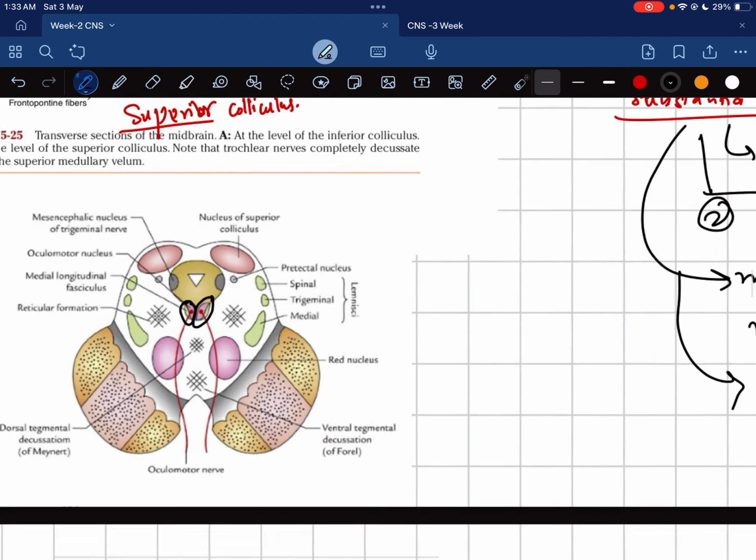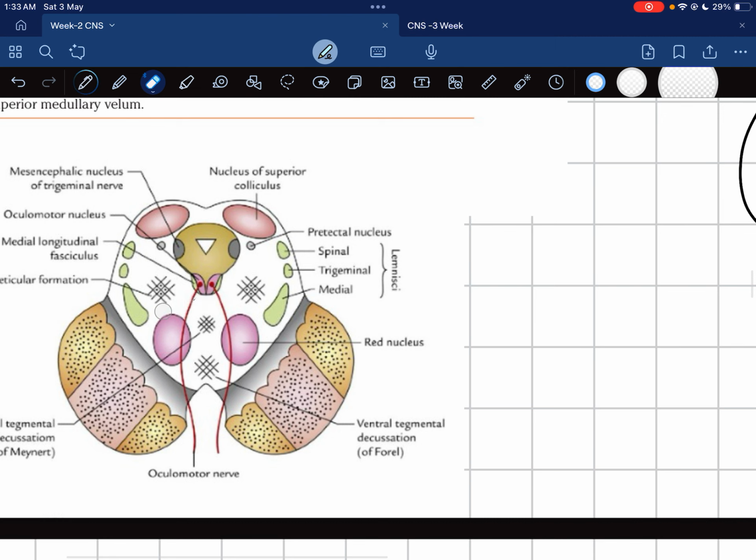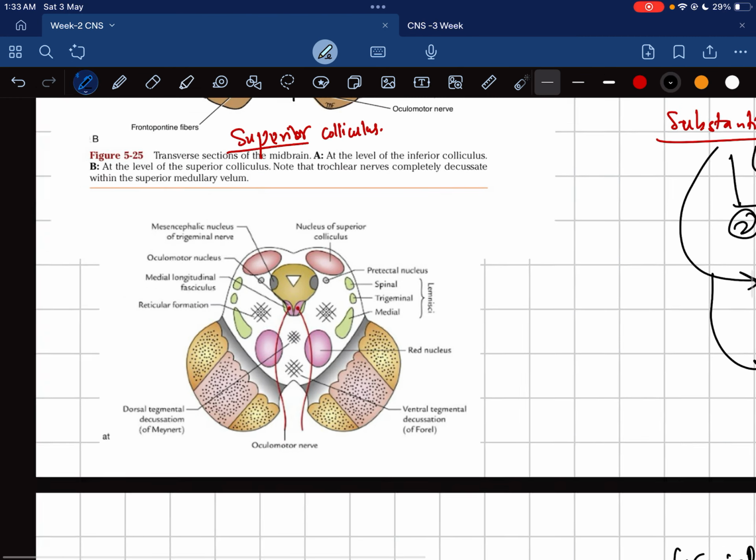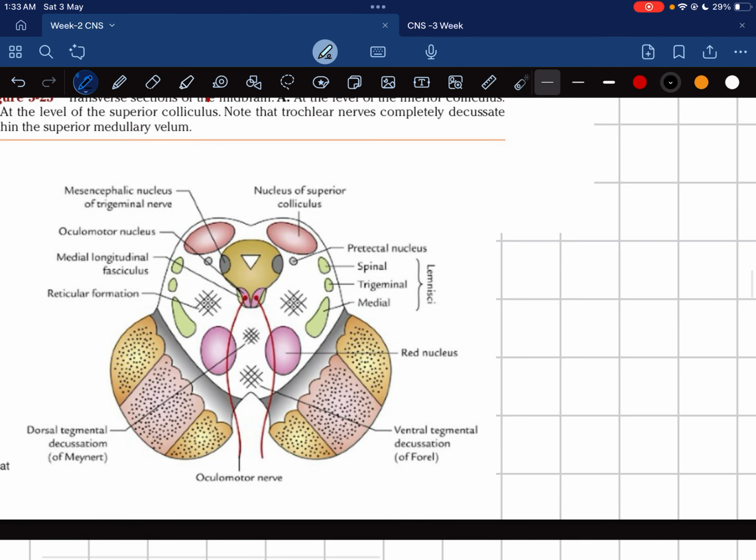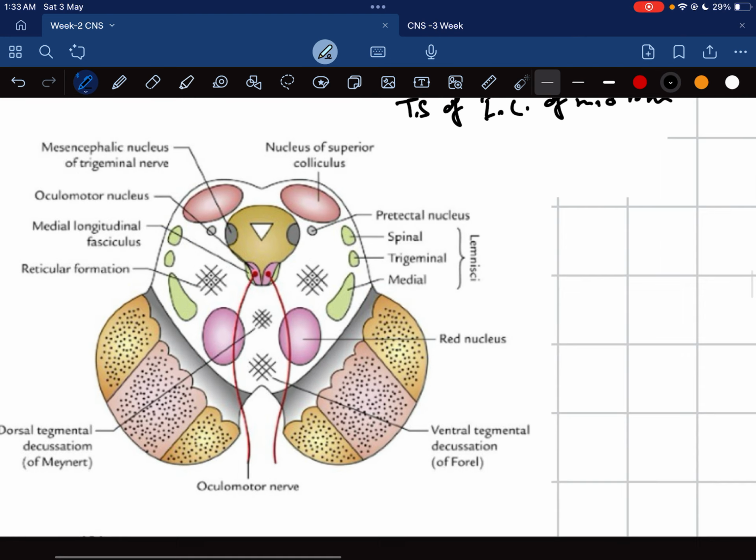Moving on to this image, what we have discussed. This is a transverse section at the level of the inferior colliculus of the midbrain. We can look transversely.